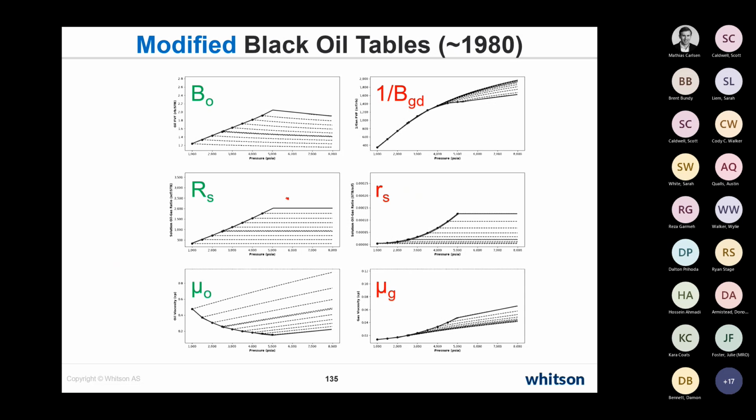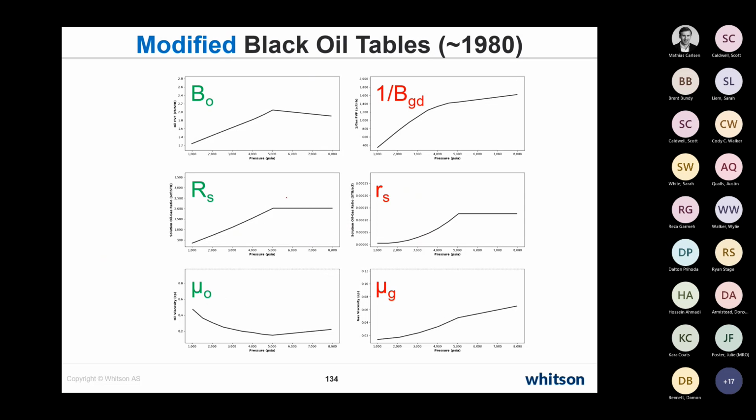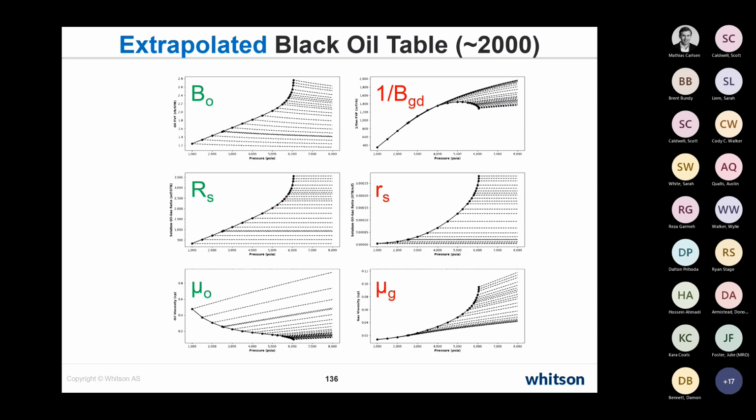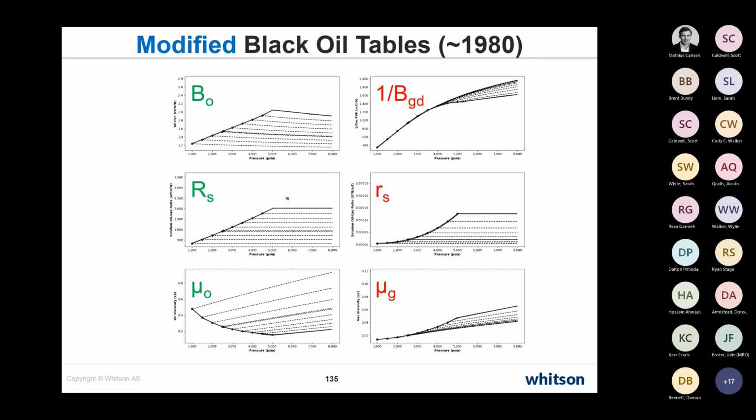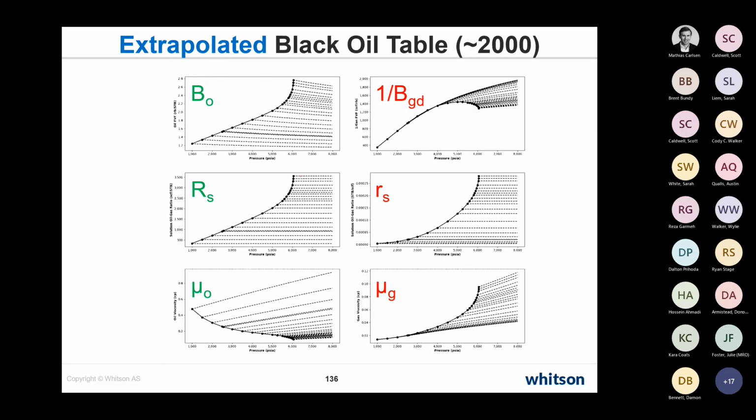So what was also introduced probably around 2000 was this concept of extrapolated tables, extrapolated black oil tables, that would essentially take your fluid from whatever the saturation pressure is and extrapolate it up to typically what's called a critical point right here. And the critical point, that's the same one that you saw in the phase envelope, it means the same, and that's just when the properties of oil and gas converge. So at the critical point here, the viscosity of oil and gas will be the same.